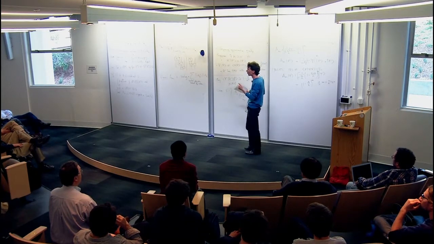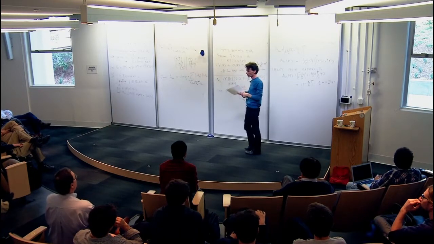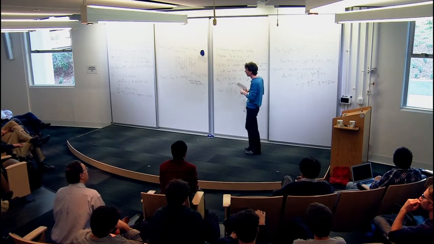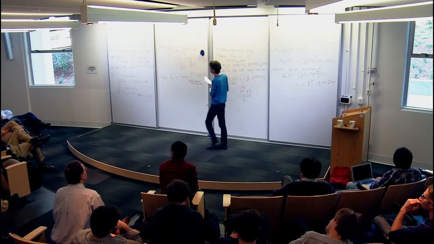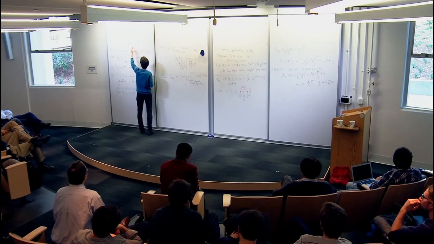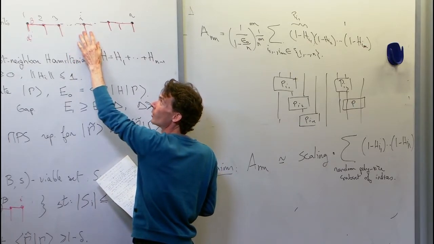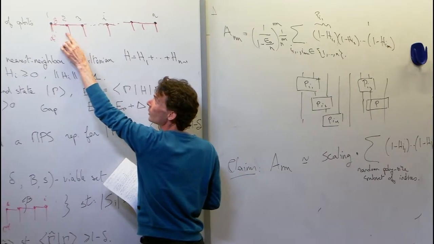This is an idea that was already present in earlier exponential time algorithms for the same problem. It's called decoupling. It uses the fact that this is a one-dimensional chain to say that once you've progressed up to here and you have all these set of candidate solutions, what's important about them? It's not how they look up to here.